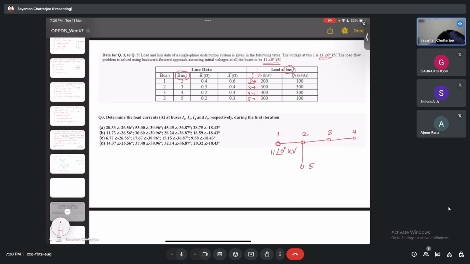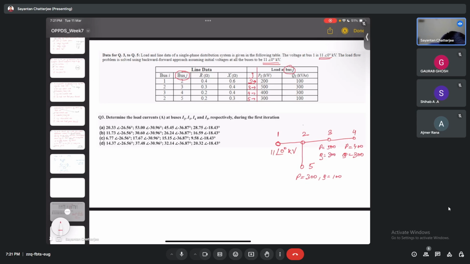So these are node load demand values, you can say. For bus 5, the load demand is P 300 and Q 100. I have not written the units here. For bus 4, P is 400 and Q is 300. For bus 3, P is 500, Q is 300.